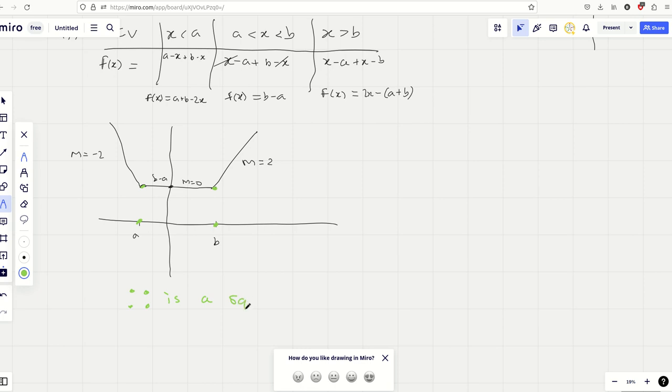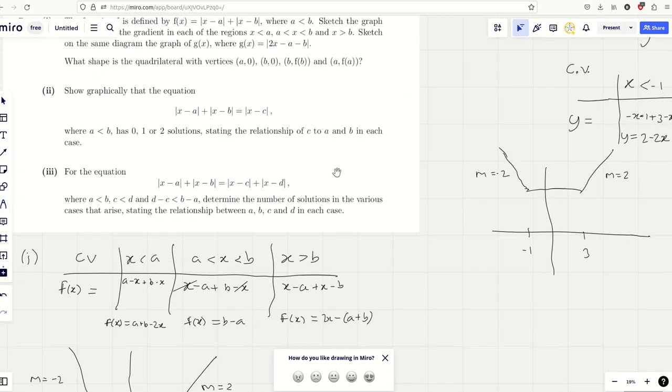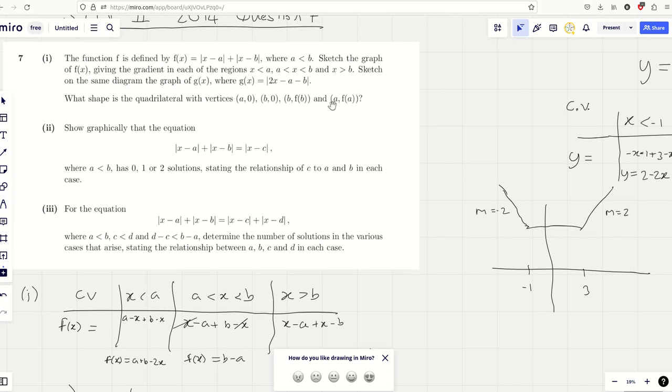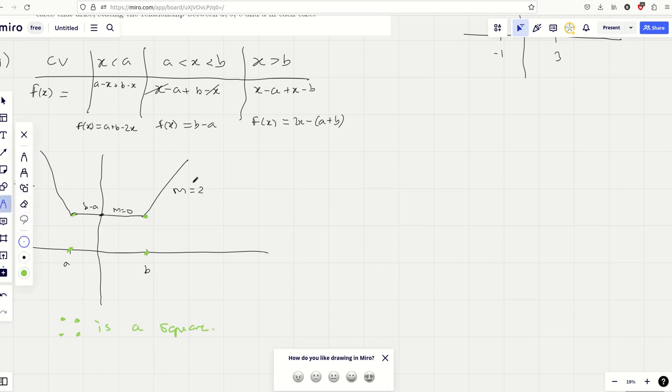And last thing they wanted me to do here was they wanted me to draw g of x, which is the mod of 2x minus a plus b. This is their g of x.